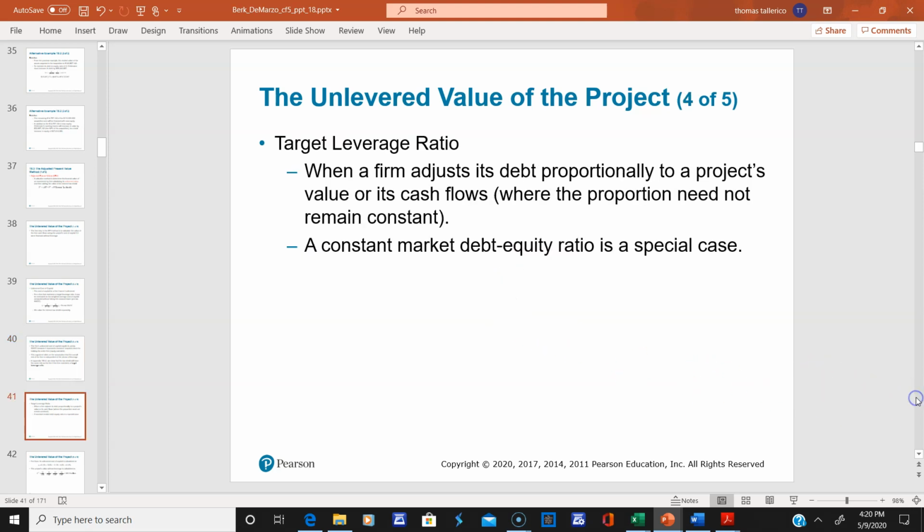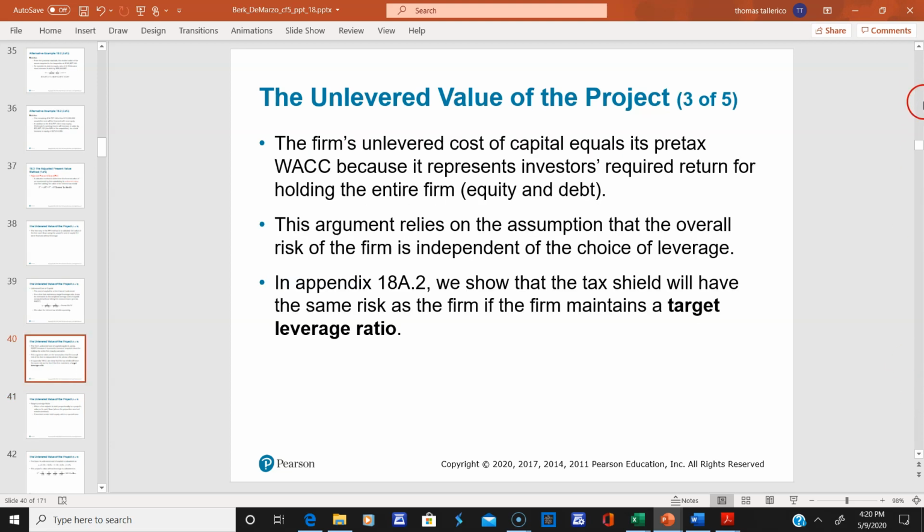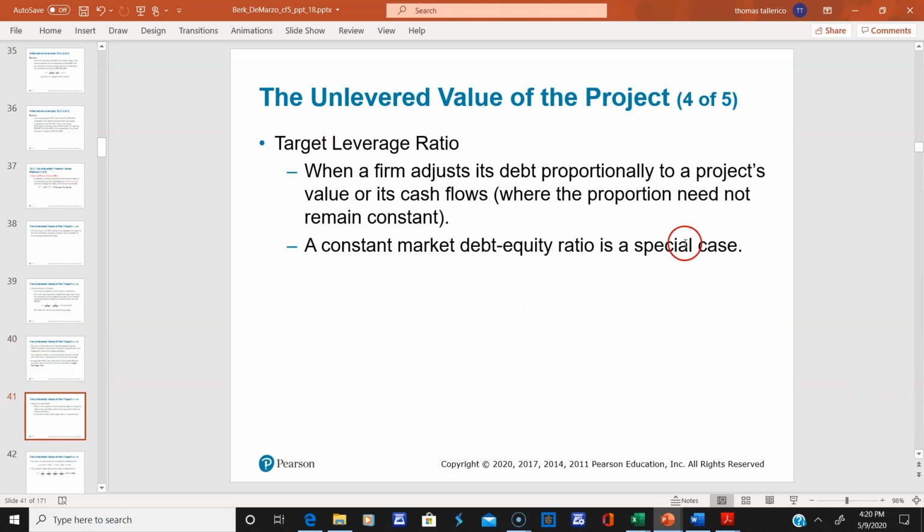So we'll do it that way. Whoops, hold on, did I skip a slide? No, I'm good. So when a firm adjusts its debt proportionally to a project's value or its cash flows, that's the target leverage ratio.